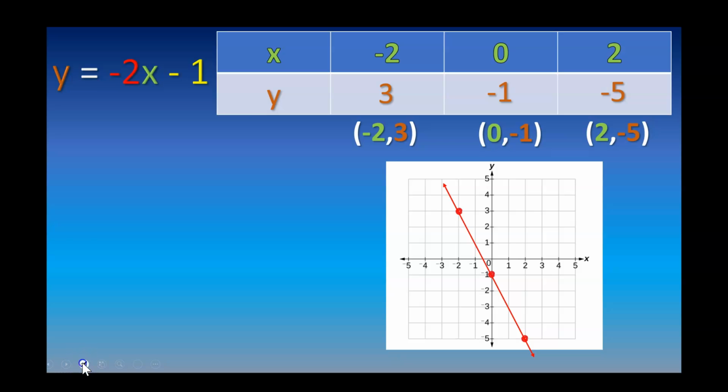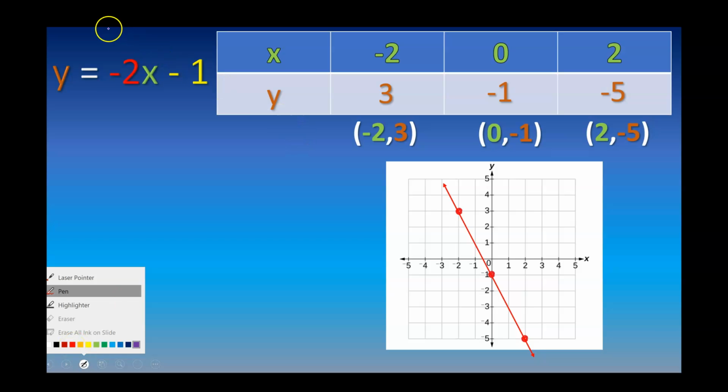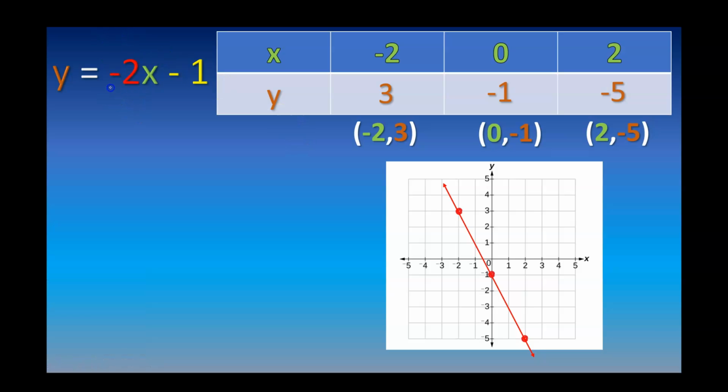Let's look at what happens with the slope and with the y-intercept. Remember, the slope should be negative 2, because that's the number in front of the x, the number that we multiplied by, and the y-intercept should be 0, comma, negative 1, because that's what's at the end of the formula. Our slope goes down 1, 2, 3, 4.